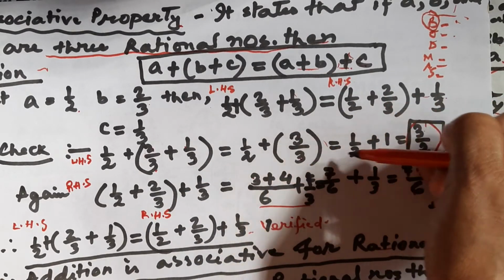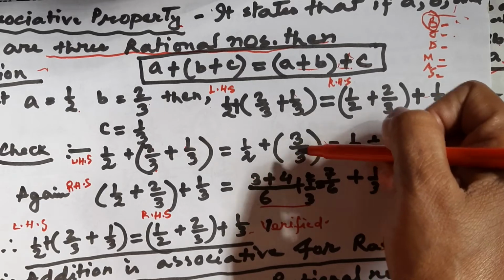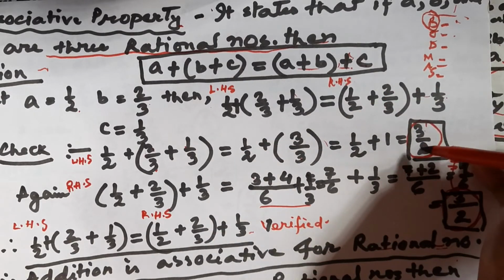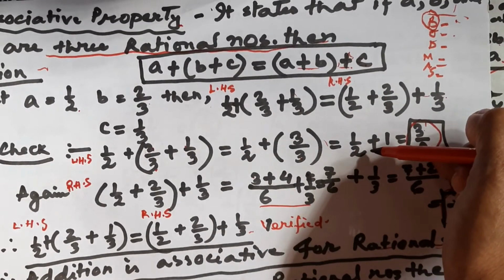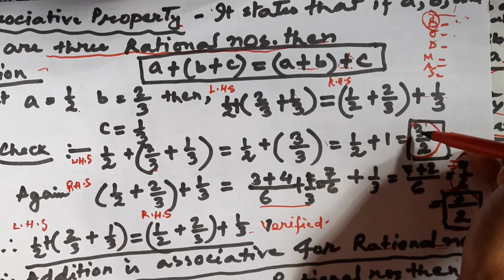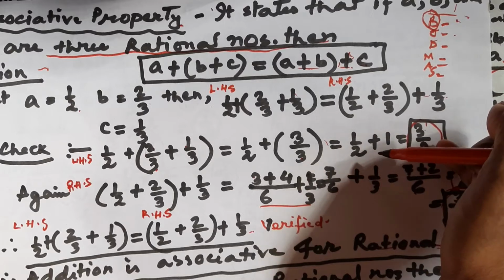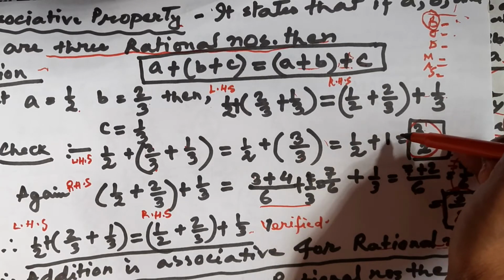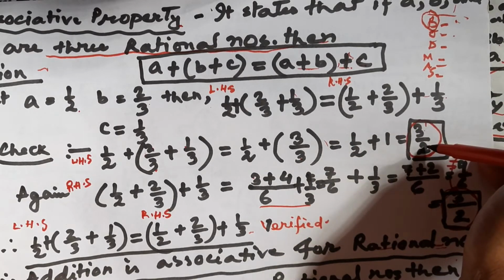So, 3 by 3 will cancel and be 1, therefore half plus 1 equals, again 2 will be the LCM, and 2 1s are 2 and 1 1s are 1. So, 1 plus 2 is 3 divided by 2.